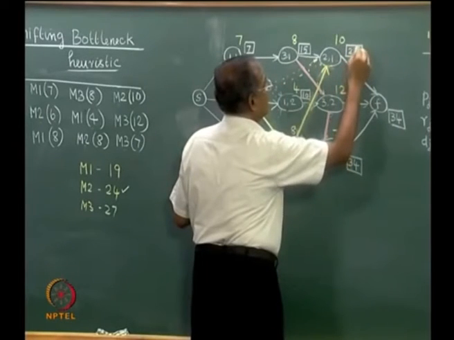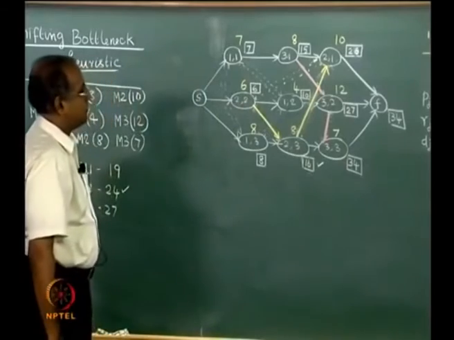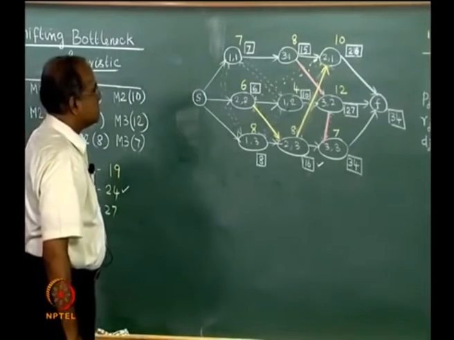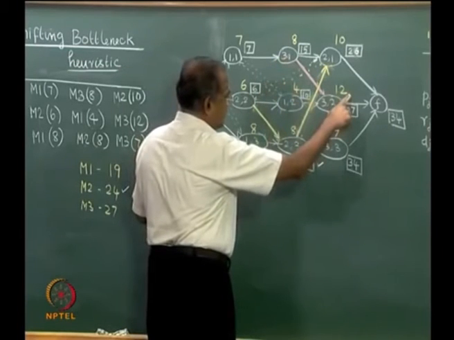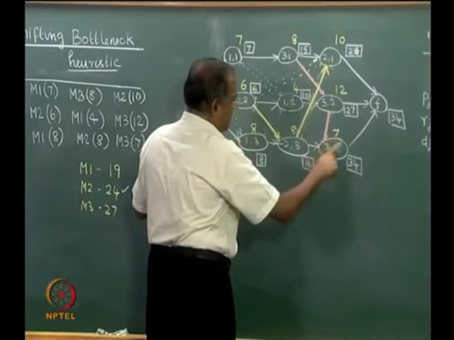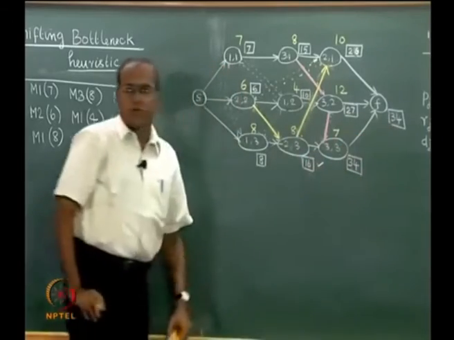So, this will become 26. Otherwise 15 plus 12 27, 27 plus 7 34, 16 plus 7 23 34.